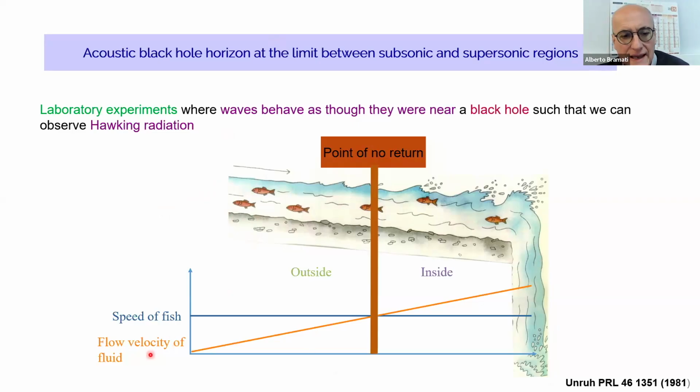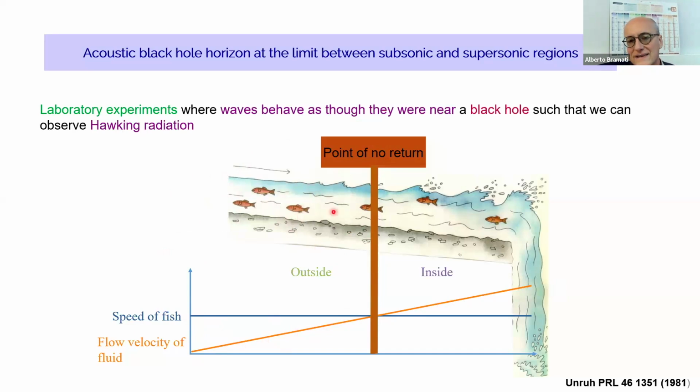Of course, the velocity of the water of the river is increasing toward the waterfall. And then we can consider fish that are swimming inside the river, and the speed of the fish is constant. So in this region on the left, of course, the speed of the fish is larger than the speed of the fluid.